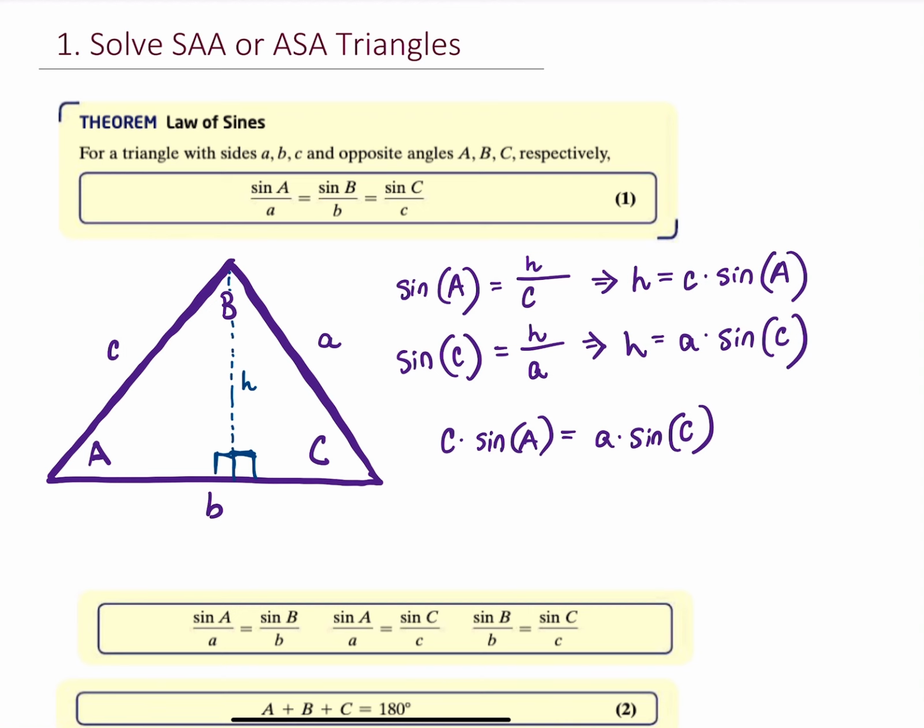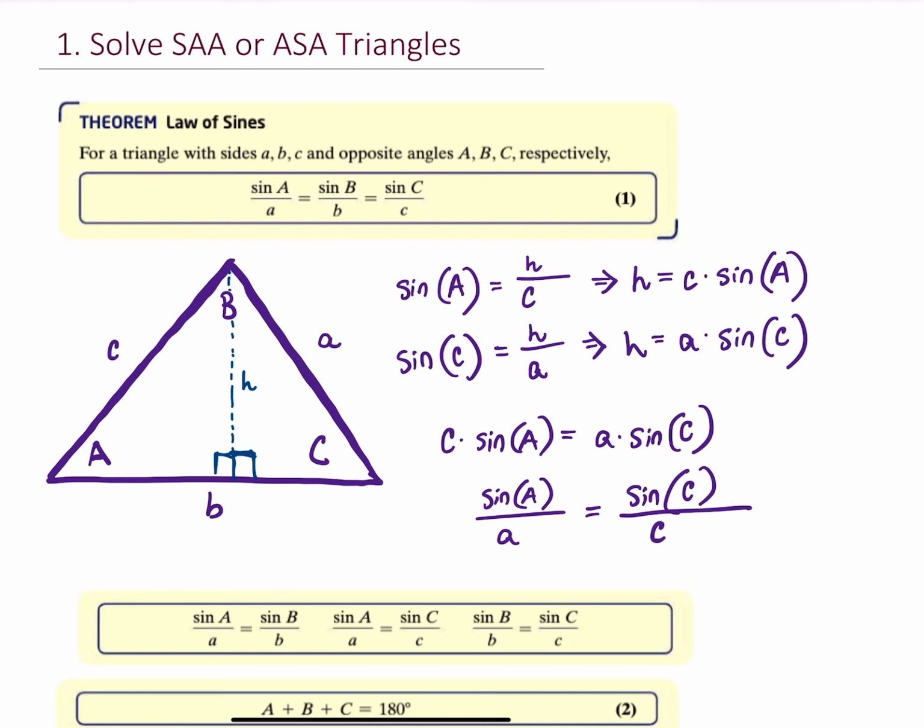And then if we divide this A over to the other side and take this C and divide it to the other side, we get one piece of our law of sines. We can say the sine of angle A over side length A should equal the sine of angle C over side length C. So we get these two pieces equal to each other.